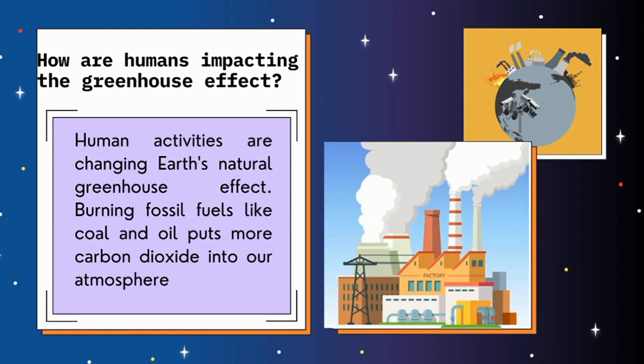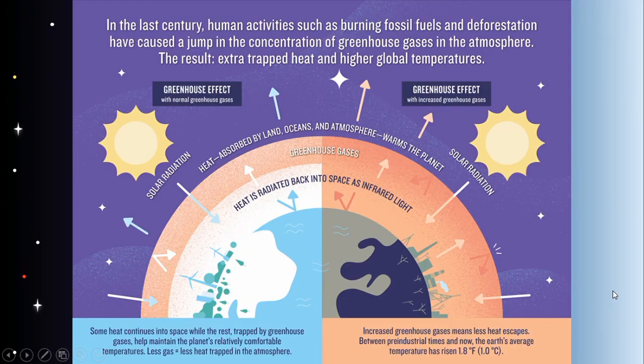So the major factor here that affects the greenhouse effect is the burning of fossil fuel. In the last century, human activities such as burning fossil fuels and deforestation have caused a jump in the concentration of greenhouse gases in the atmosphere, and the result is extra trapped heat and higher global temperatures.